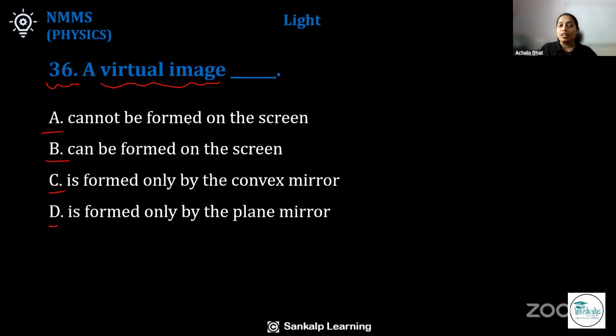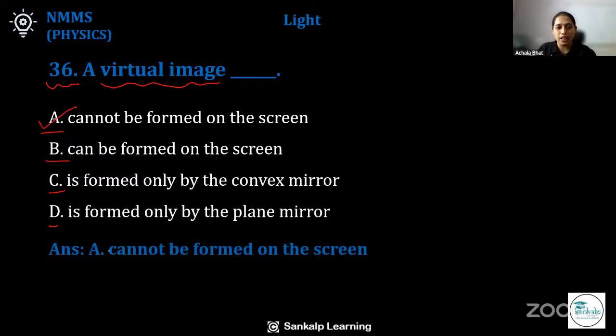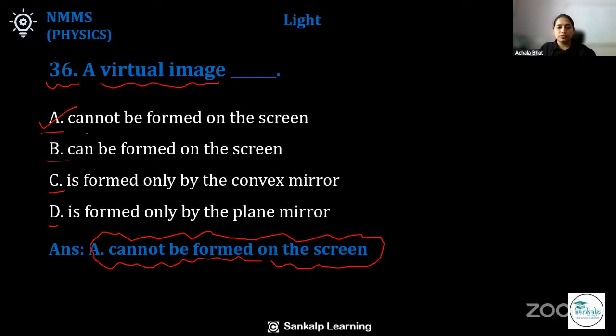Images which cannot be obtained or formed on the screen are called virtual images. Option A is correct. Cannot be formed on the screen. B, can be formed on the screen, are called real images. B is wrong. C, is formed only by the convex mirror.